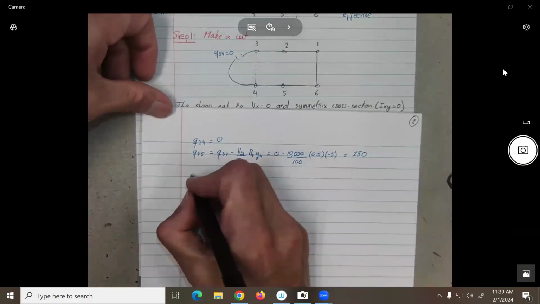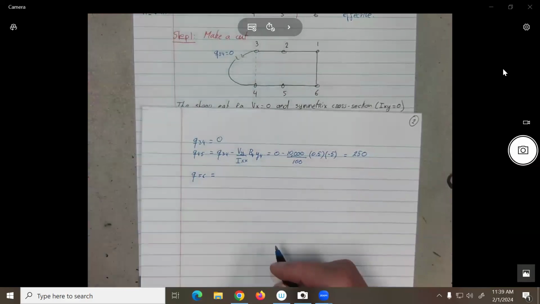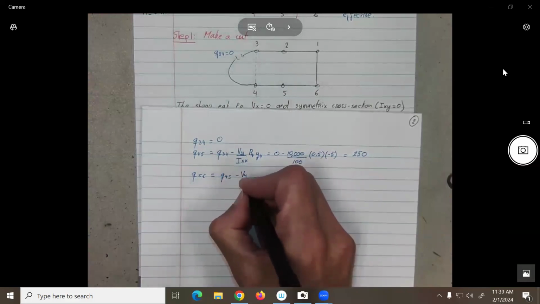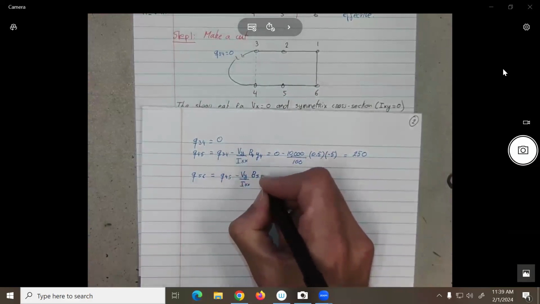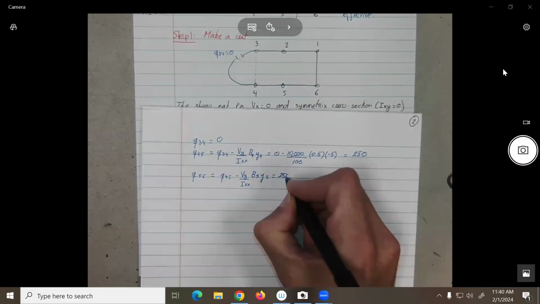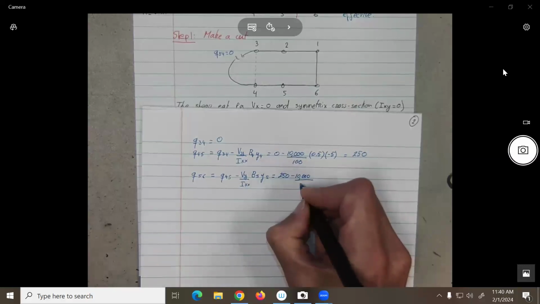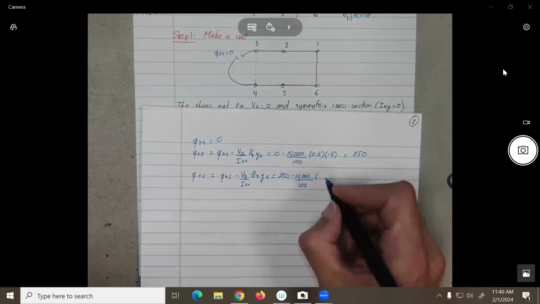Okay, so we do the same thing. So then Q56 should be equal to what? Q45 minus Vy over Ixx B5 Y5 equals to 250 minus 10,000 over 100 times what is B5? 0.5 as well.